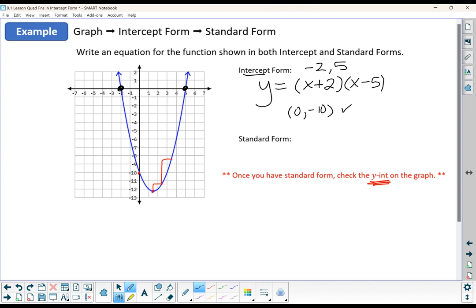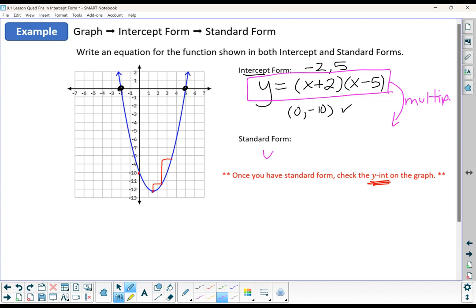Now, to get standard form, I do not look at something on the graph. To get standard form, I write down intercept form or vertex form and I multiply it out. So I'm going to multiply this function in intercept form together.